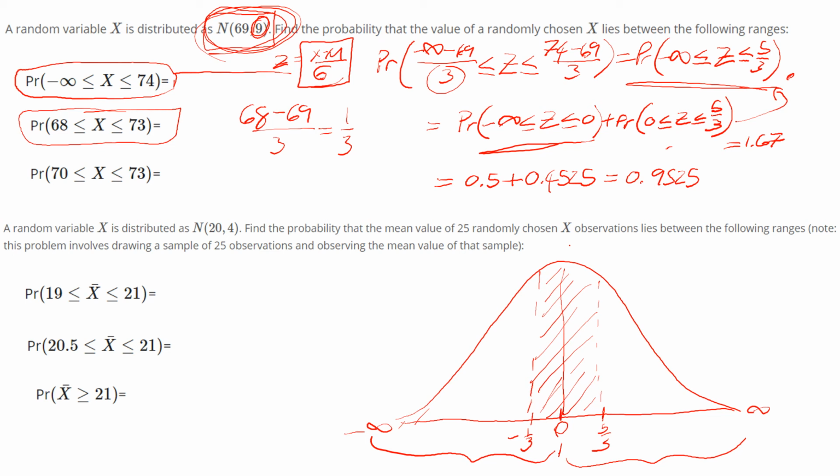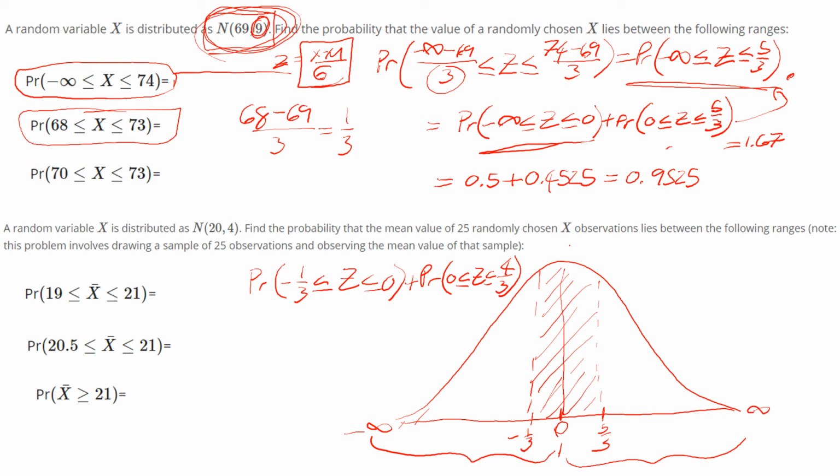So ultimately, we'll have the probability that Z lies between minus 1/3 and 0, plus the probability that Z lies between 0 and, in this case you've got 73, so rather than 5/3 you'll have 4/3 in the right limit.